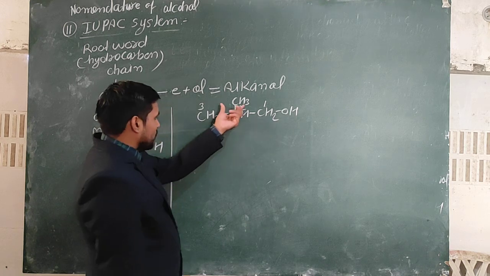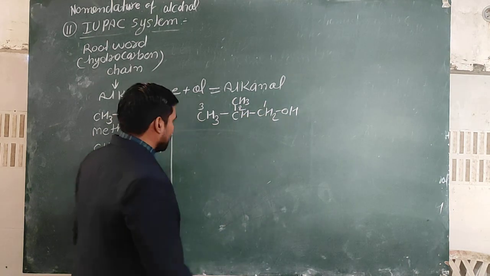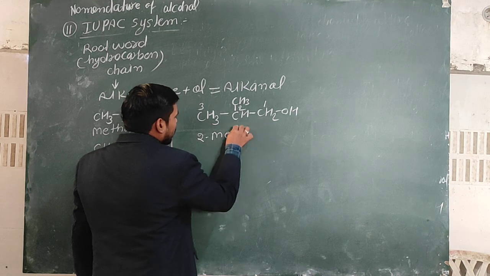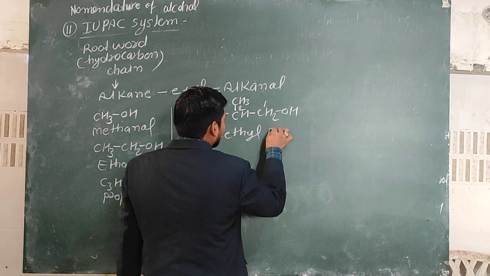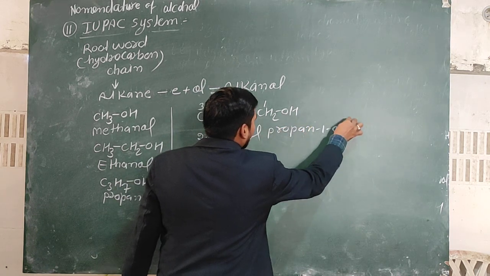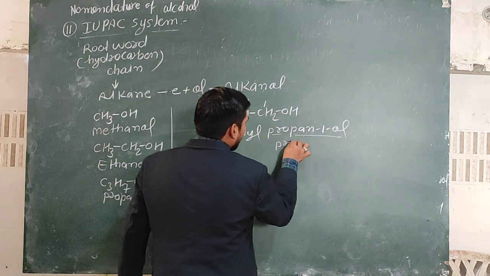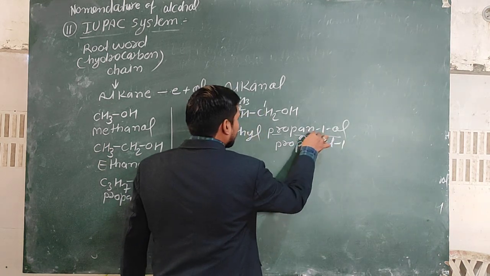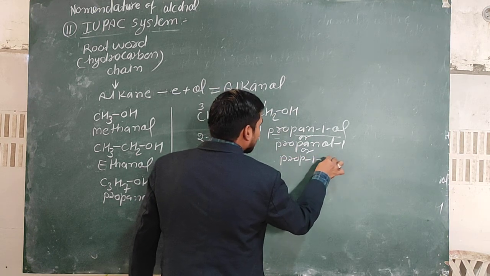Firstly we write the name of the locant or side chain, and then the rest of the name, so the name becomes 2-methyl propane 1-ol. You can also write propanol 1, or prop-1-ol.